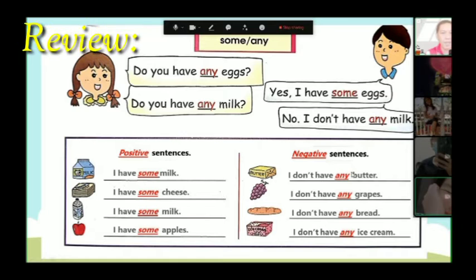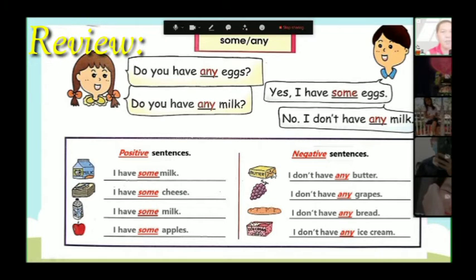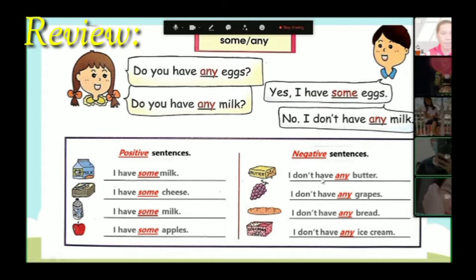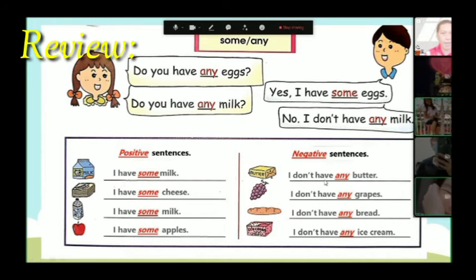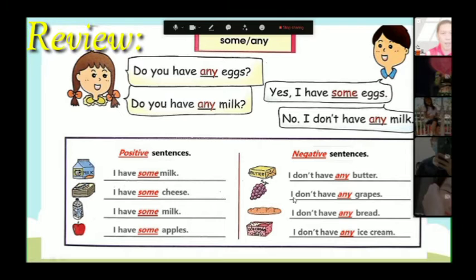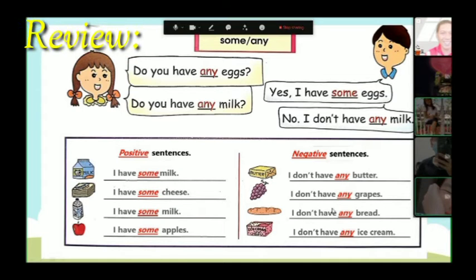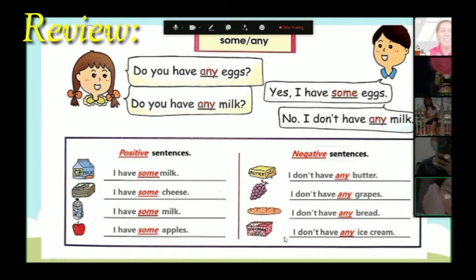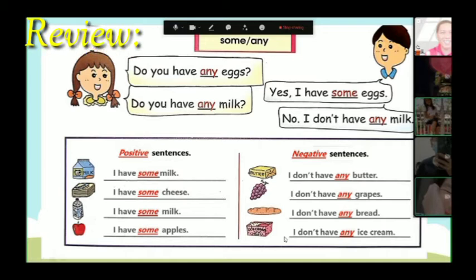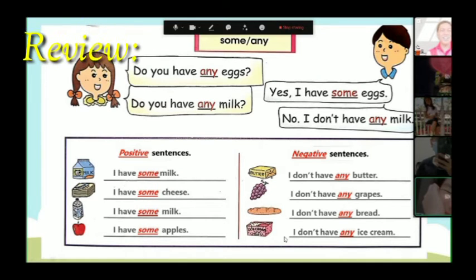I don't have any butter. Okay, 1, 2, 3, go. I don't have any battery. I don't have any grapes. Very good. I don't have any ice cream.